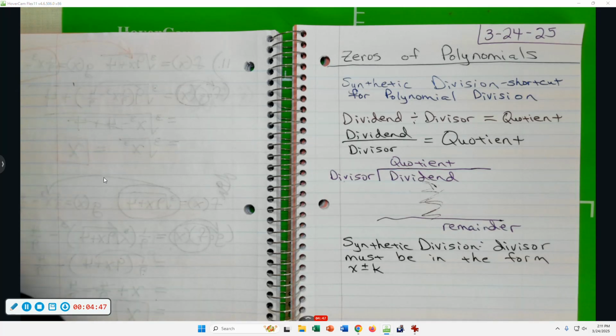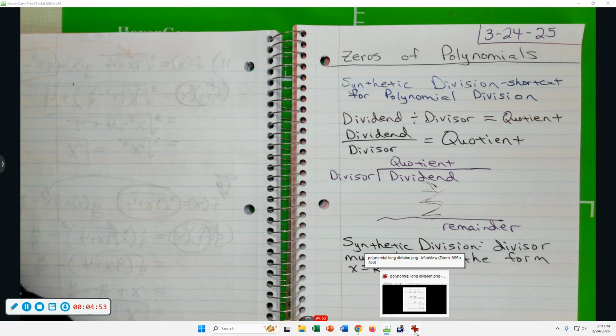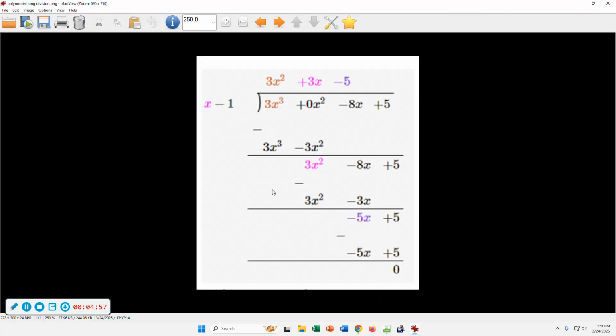So the example picture I had a moment ago would be suitable for synthetic division, because the divisor is variable minus a number. If the divisor is something like 3x squared, you can't use synthetic division. It has to be a linear factor of the form variable plus or minus a number.